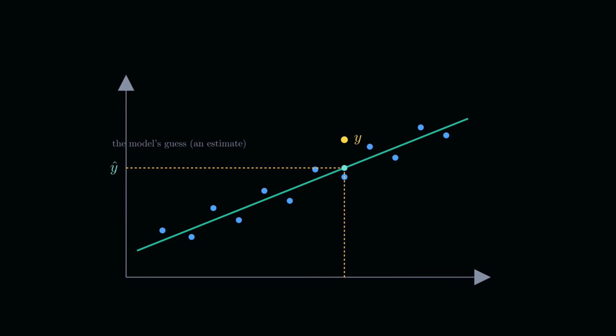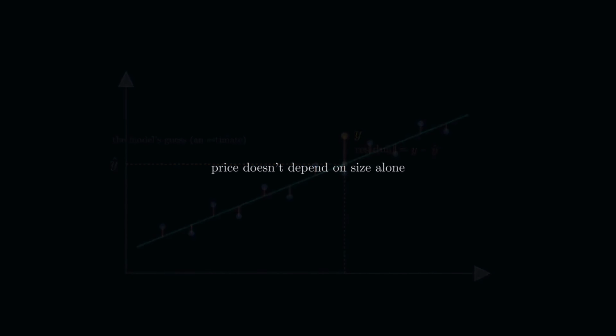So y hat is the estimated price of our model, and y is the true price of the actual house. And for every real house, the gap between the true price and the line's guess, y hat, is the residual. Simply how much wrong we were on that one house. And hold on to these residuals because they're about to become the single most important quantity in linear regression.